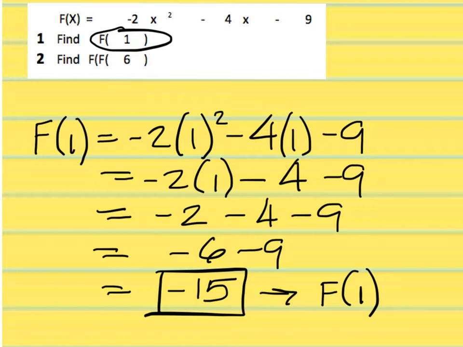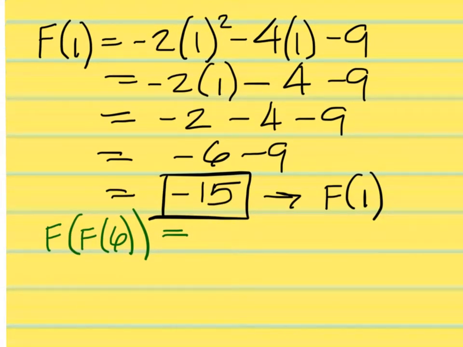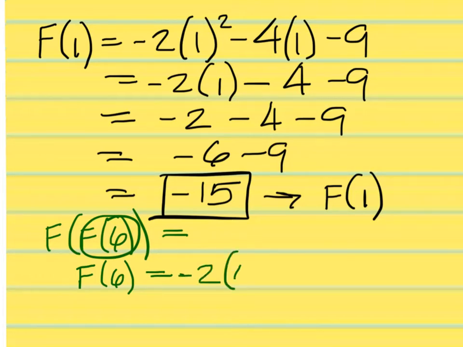But for the other one, you have f of 6. So that's what we're going to do next. F of 6. That means you need to do what's in the middle first. F of 6. So we will do negative 2 times 6 squared minus 4 times 6 minus 9.